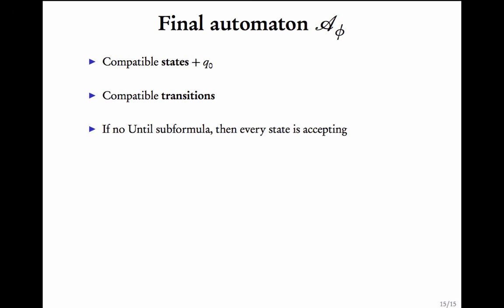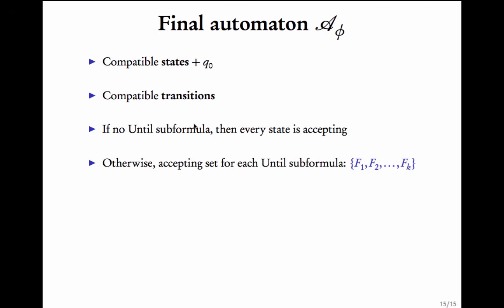If the LTL formula does not contain any untils, then you can make every state an accepting state, because these two conditions already satisfy the properties needed for an accepting expansion. Only until has this extra eventuality criterion. So for each until subformula that is present, we defined a set of accepting states as shown in the previous slide.